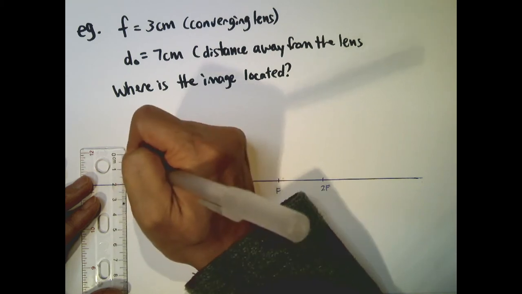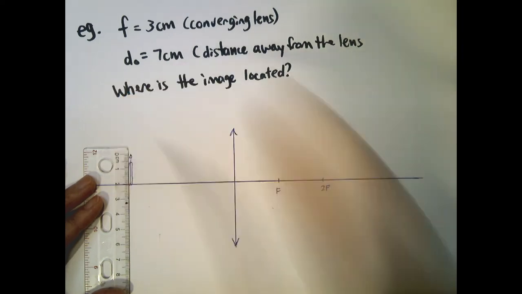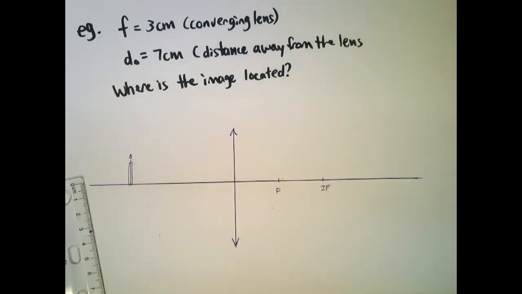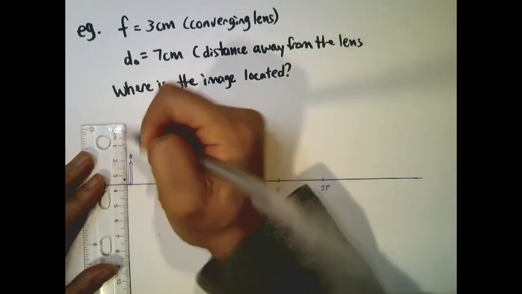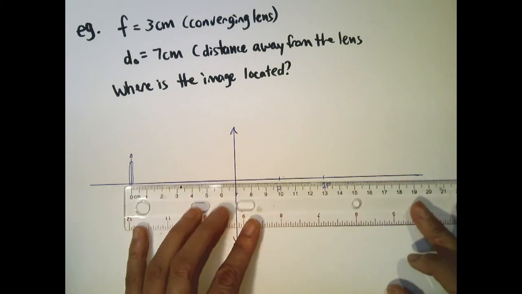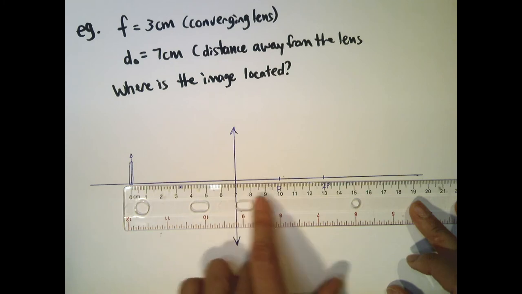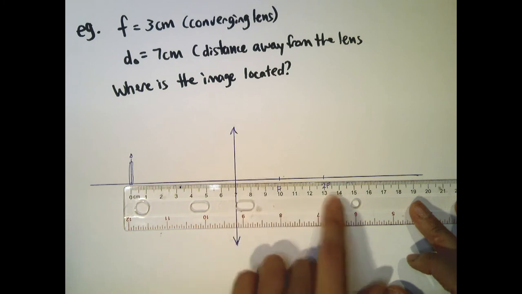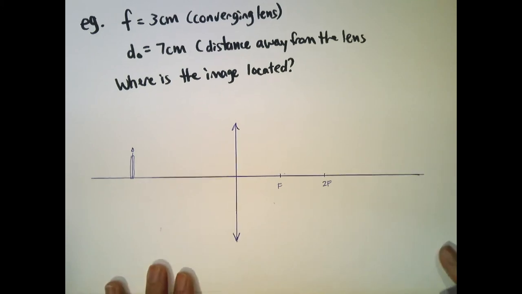Perfect. I drew the midline over here because that will be exactly 7 centimeters. Let's double check all our measurements. Yes, this here is 7 centimeters, this here is 3, and then 3 again. All right, so this is the setup.